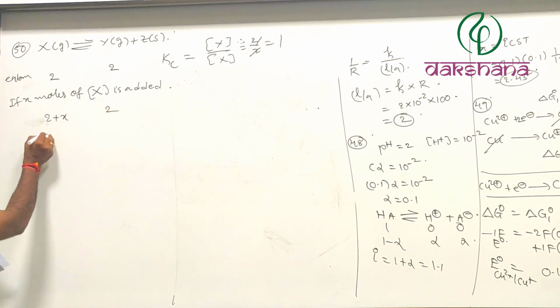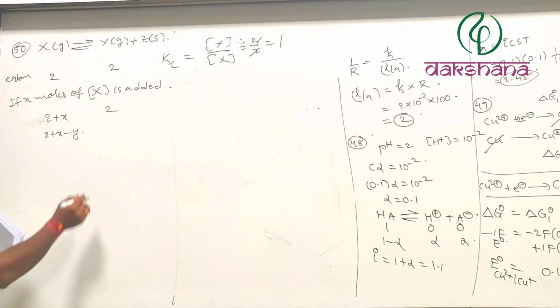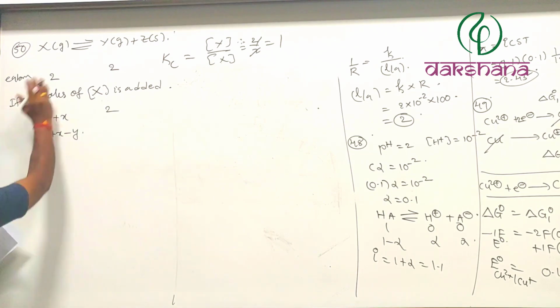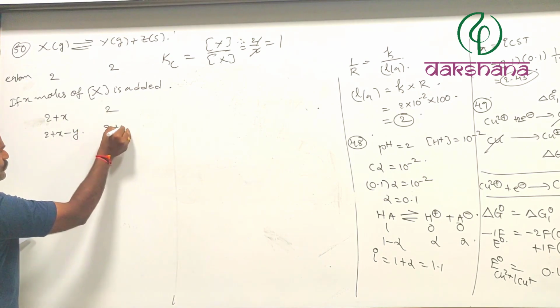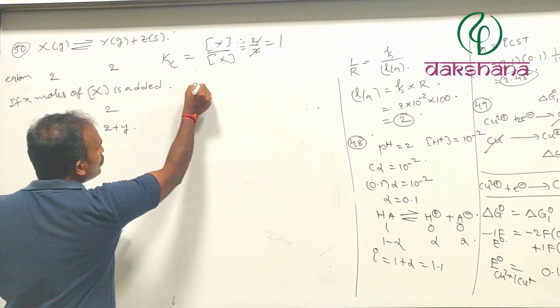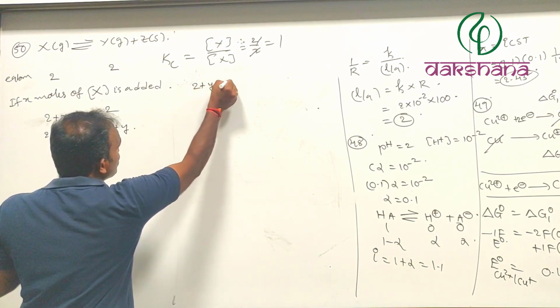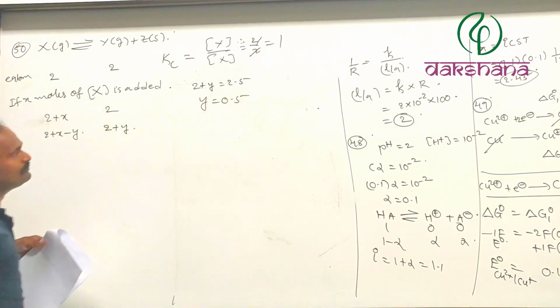Now what will happen? It becomes 2 plus x minus y, because after adding this, the equilibrium will shift towards the forward direction. Now Y is 2 plus y, and given that 2 plus y is equal to 2.5, therefore y is equal to 0.5.